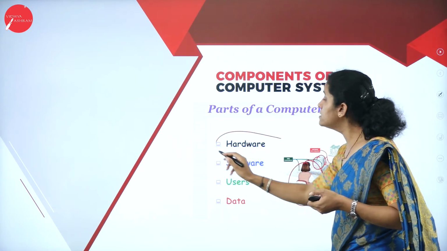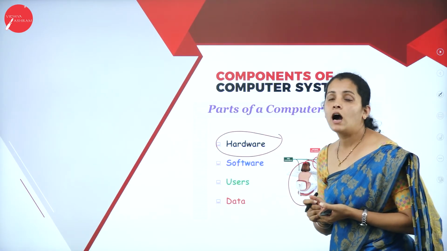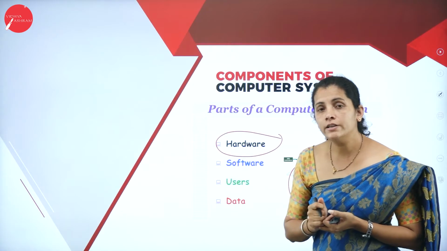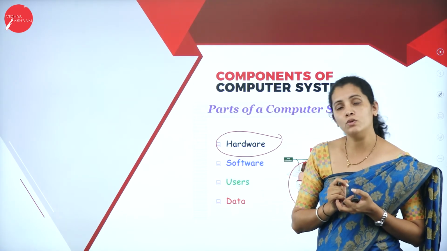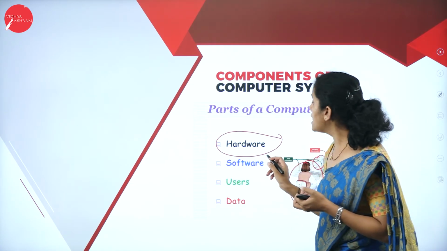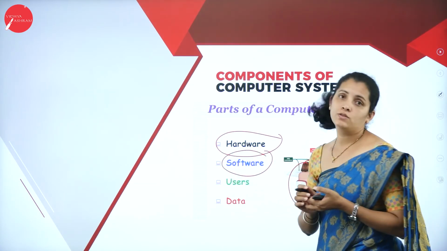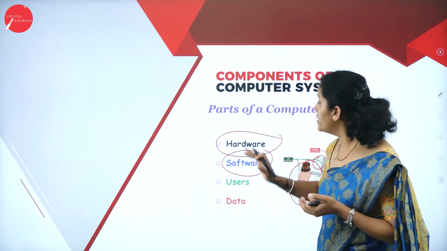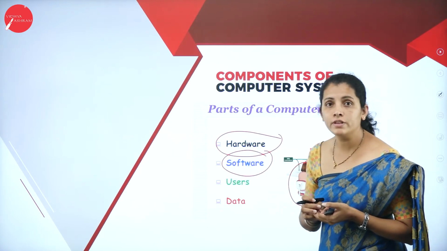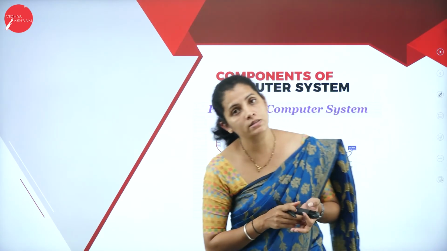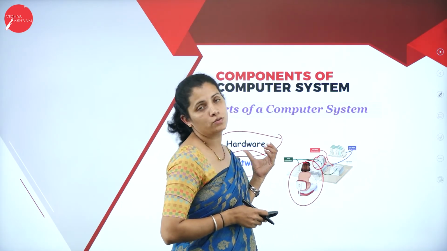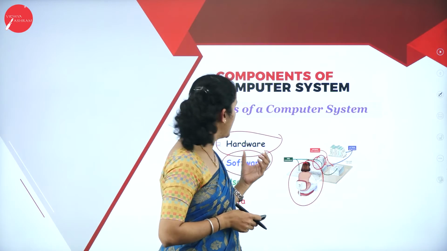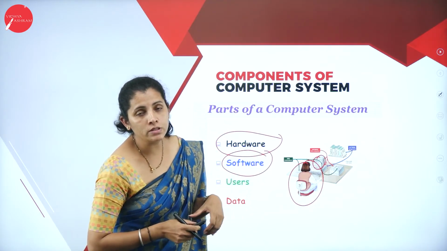So what is hardware? Here hardware is nothing but a device we are able to touch and feel. Whereas software is nothing but a set of instructions given to the computer system, and we cannot touch the software. And we are going to have the user here.